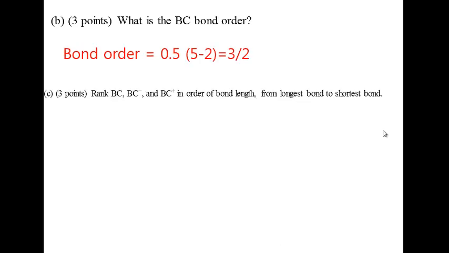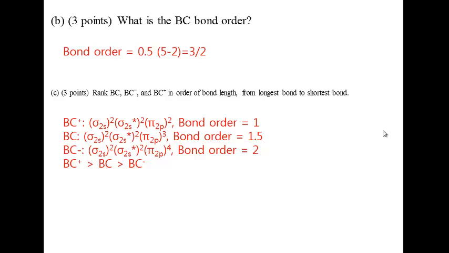Now, rank BC, BC minus, and BC plus in the order of bond length. We know that the highest occupied molecular orbital for boron carbide is pi 2p, which is a bonding orbital, and that orbital can accept one more electron.